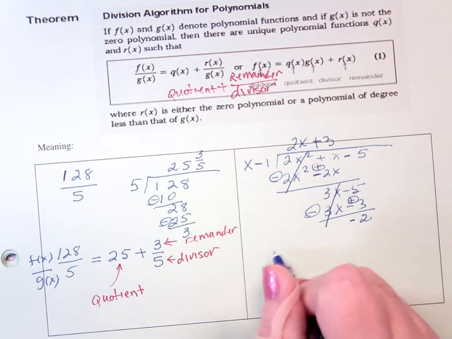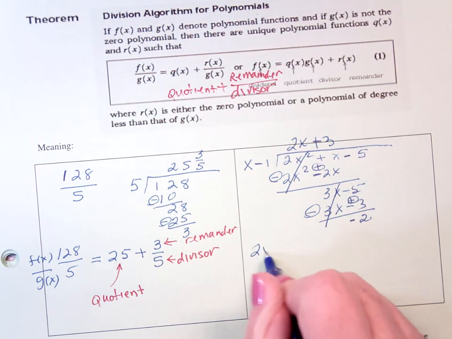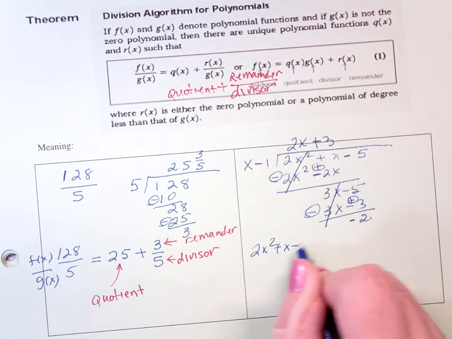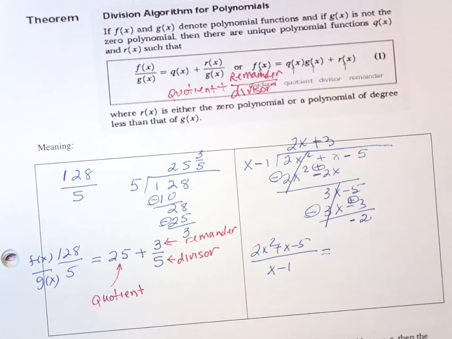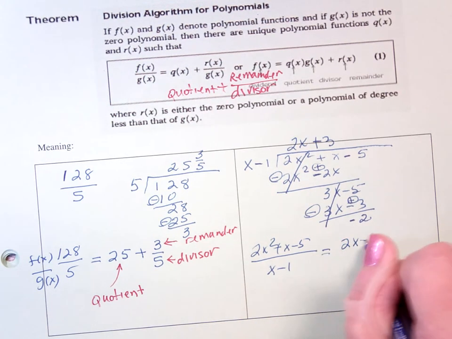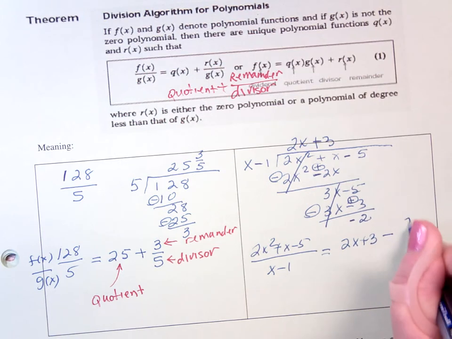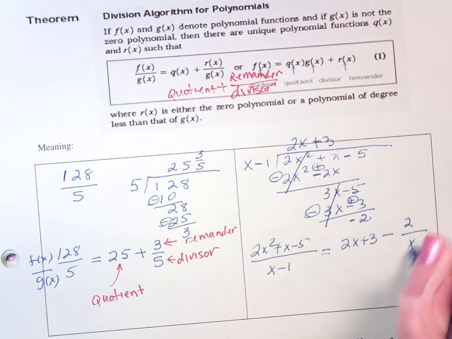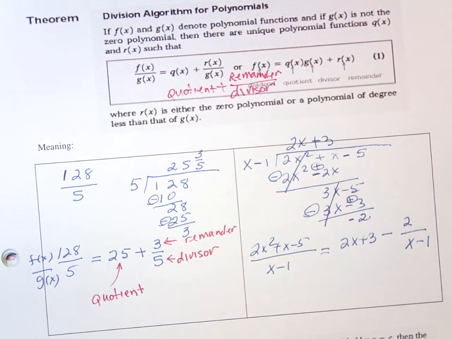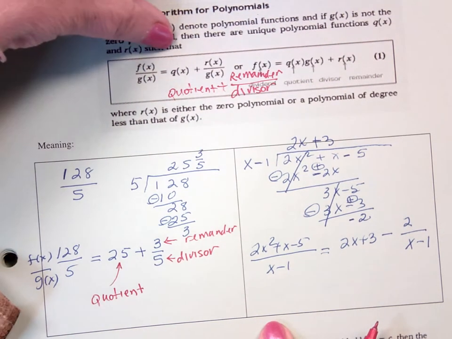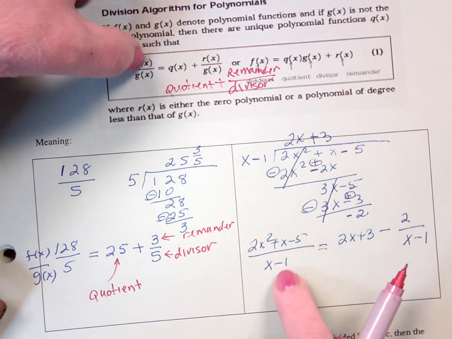So how would I write this? I would write this as 2x squared plus x minus 5 over x minus 1 equals 2x plus 3 minus 2 over x minus 1. That's this formula right here. Take two polynomials, divide them out.